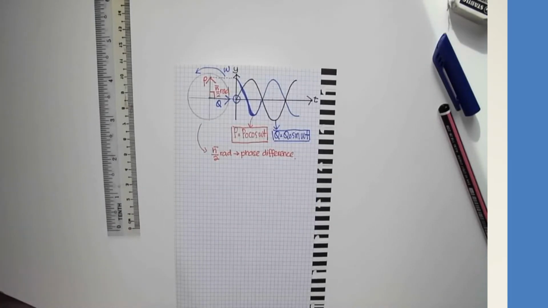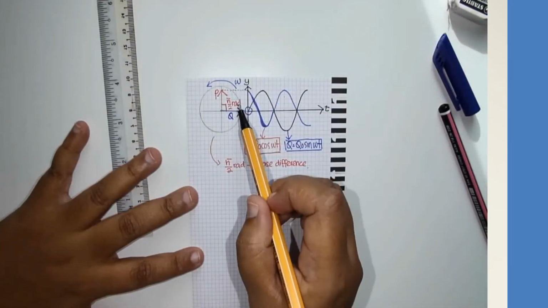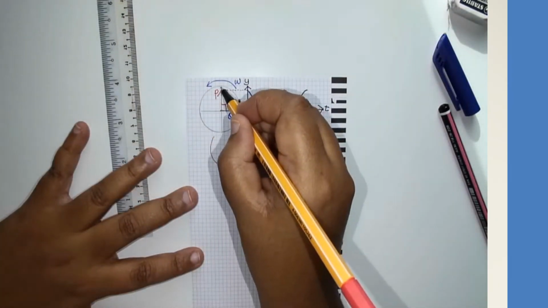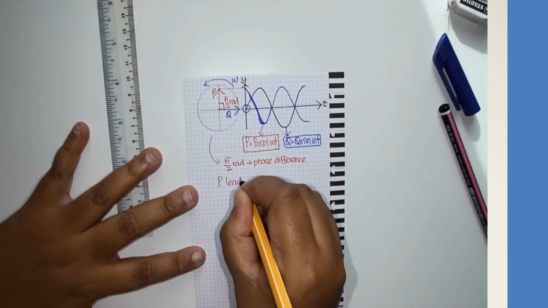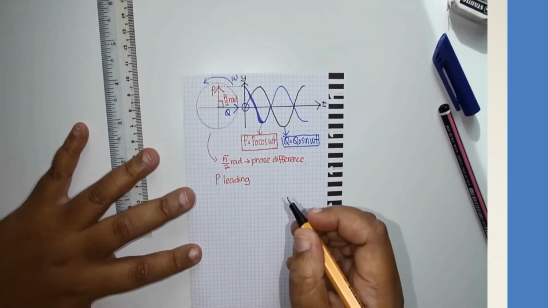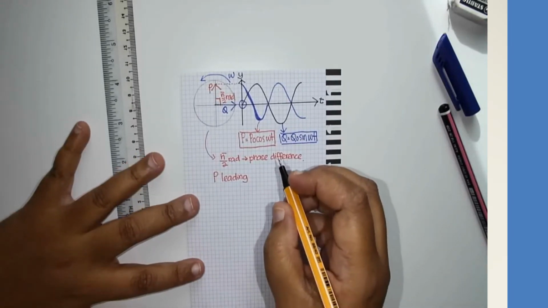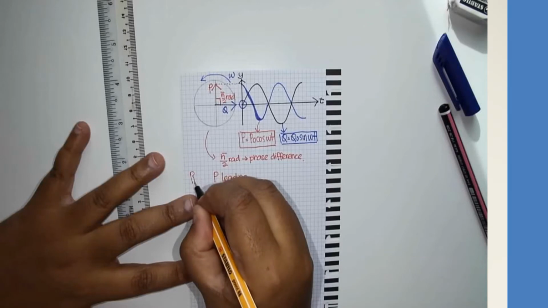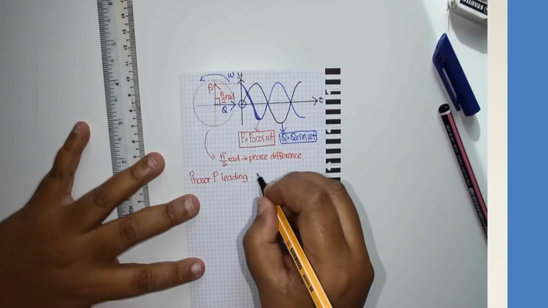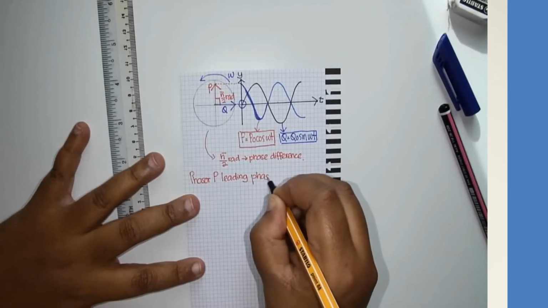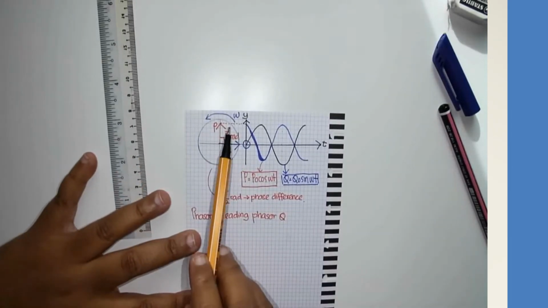Alright, it's pi over 2. So in this situation, we can also make another conclusion. As this is rotating in this direction, we look at P first. So we can say P is leading. Phasor P is leading phasor Q, because it's rotating in this direction.